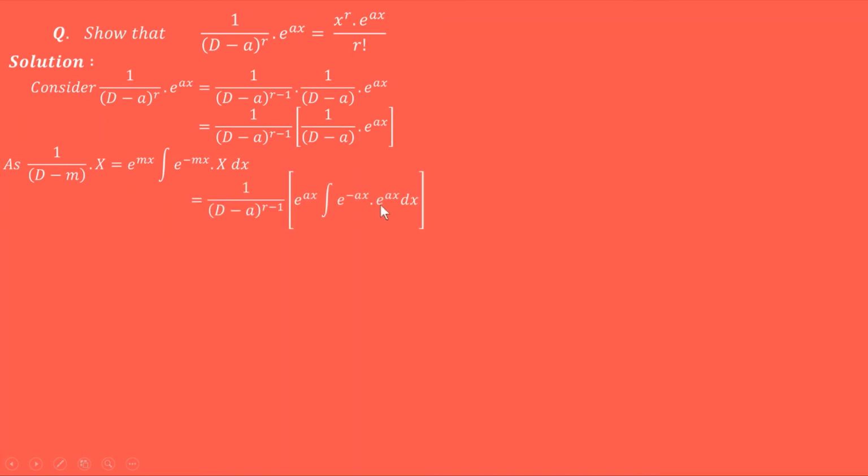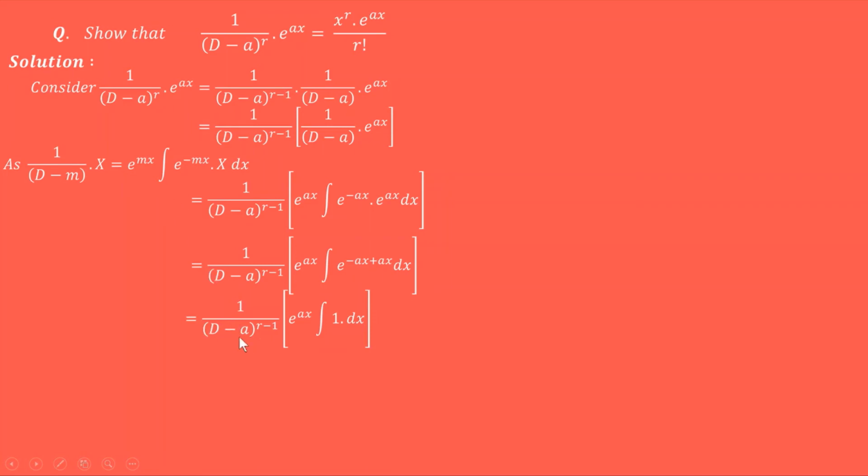That is this one. So this is equal to e^(ax) integration e^(-ax) e^(ax) dx. Here the base is same, so take the addition of powers, and so this is equal to e^(-ax+ax) dx.